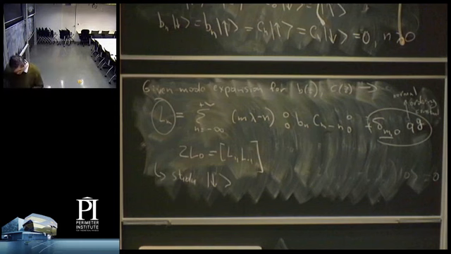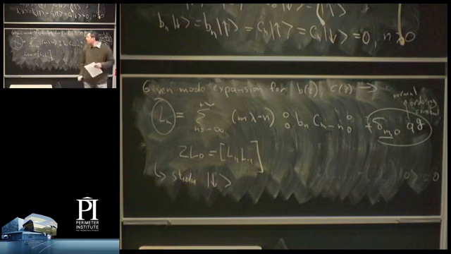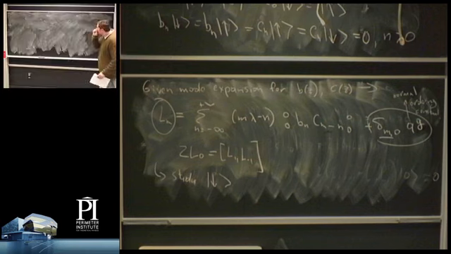So let's do this exercise here. Again, we're going to use the SL2R subalgebra of the universal algebra. In particular, we're not going to use the full algebra, we're going to use these commutation relations, which are insensitive to the central charge.